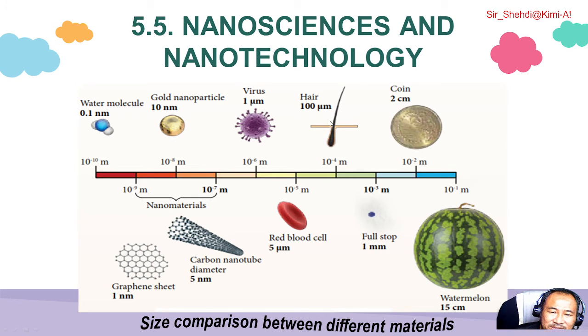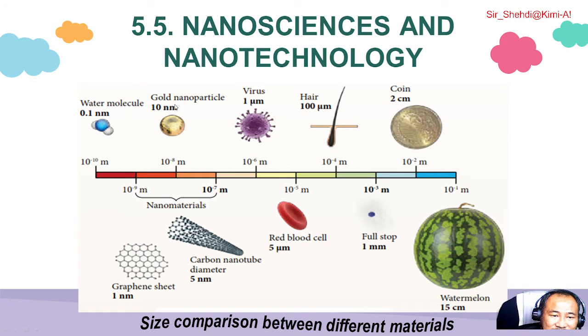And then the size of your hair is 10 to the power of minus 4 meter. Next is your red blood cell, this is your bio syllabus. Red blood cell, the size is 5 micrometer. And then virus, 1 micrometer. When we compare between red blood cell and virus, 1 and 5 micrometer, in this case the virus is tinier than the red blood cell.